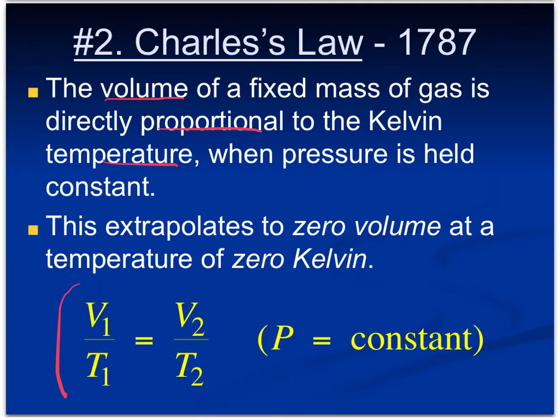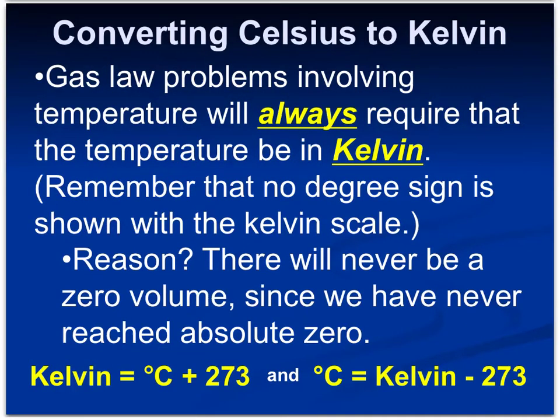And a key thing to note here is that they're mentioning the temperature is in Kelvin. So sometimes you'll see problems giving you the temperature in Celsius. You're going to need to convert them to Kelvin to get the right answer. And voila, here is a slide that helps you do this. Gas law problems involving temperature will always require that the temperature is in Kelvin. Remember that there's no degree sign shown with the Kelvin scale.